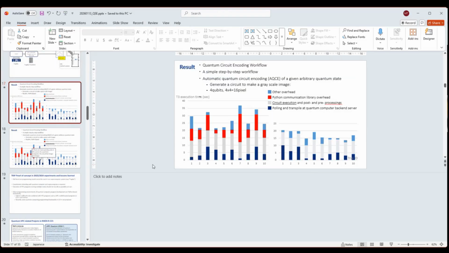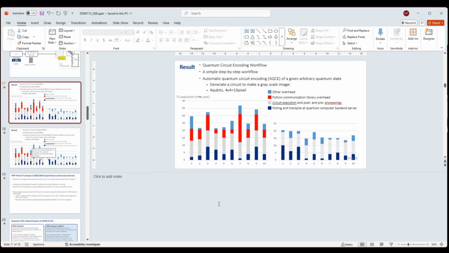If this is to the same scale, and it seems to be, I found it very interesting that not only does the Python overhead essentially go away, but the circuit execution times improved somewhat, some more than others, and the polling and transpile time changed radically. I was wondering if you know a reason why, for example, in case number one, the polling and transpilation time goes up so dramatically from one model to the other.